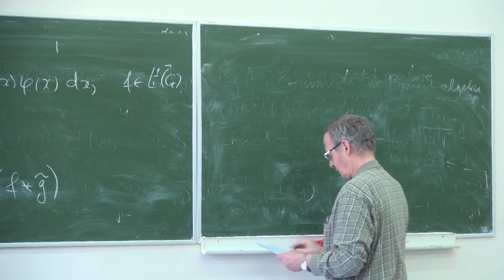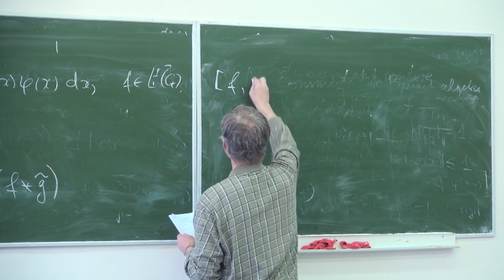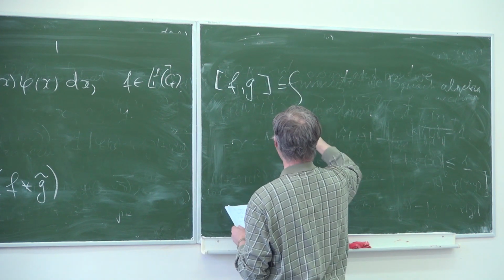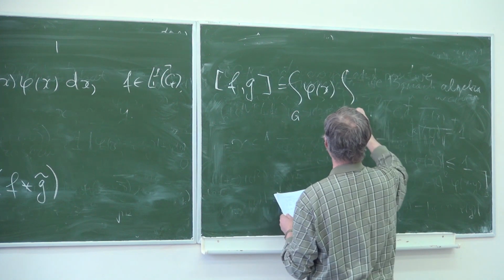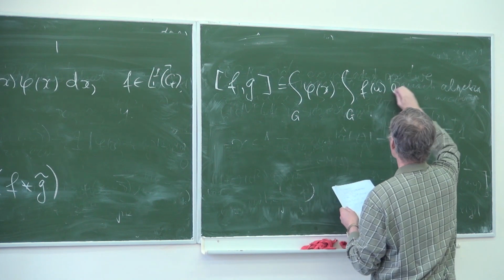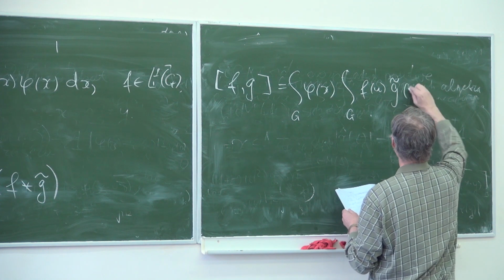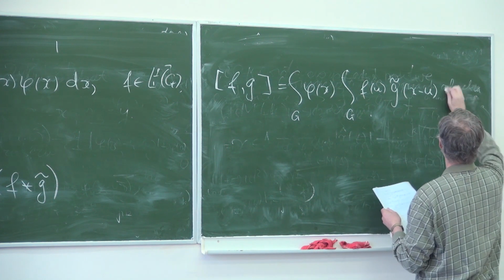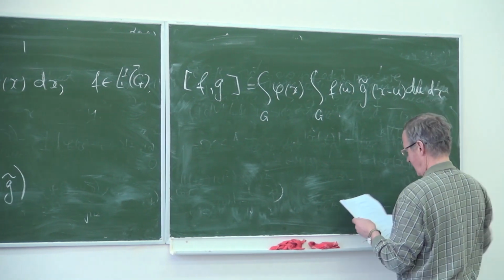Let's write the definition of the convolution. So this quantity is equal to the integral over G of phi of x, the integral over G of f of u, g tilde of x minus u, du dx.